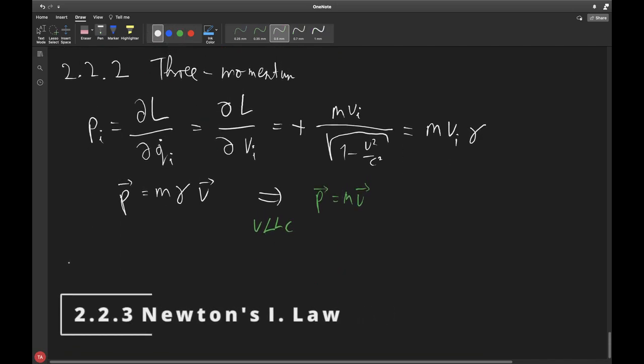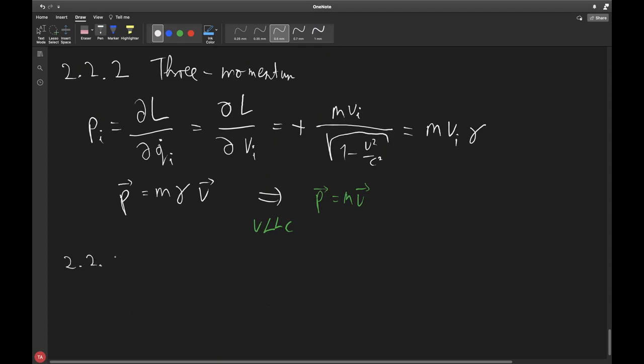Next thing which is interesting to look at is Newton's first law, 2.2.3. So in classical mechanics, we learned that the F vector is the same as m times the a vector.